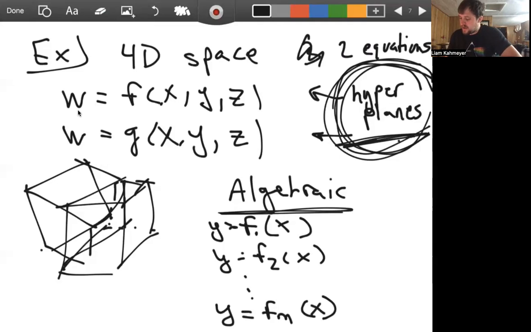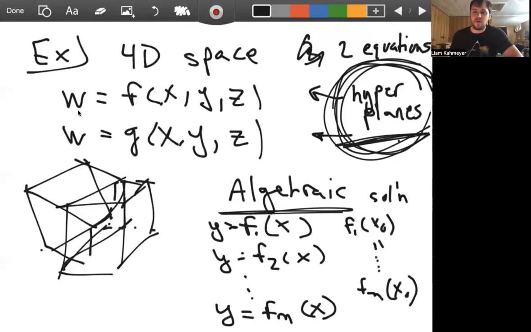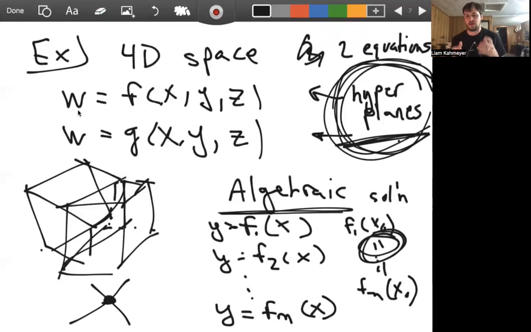The algebraic analog is that the solutions satisfy f1 of x naught equals, et cetera, f sub m of x naught. And so we understand that the algebraic notion of equality and the geometric notion of intersection are really 2 sides of the same coin. It just depends on how we interpret it. But in terms of solving for these points that give you the solution to a system of equations, we really rely on algebraic methods.